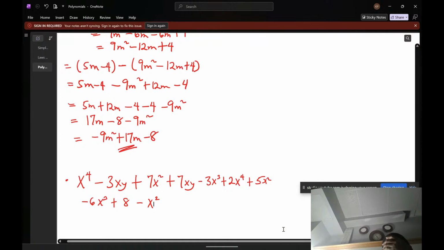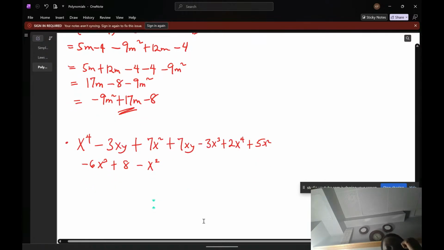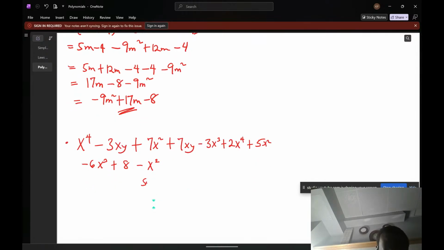Okay, so now we have an algebraic expression that says x raised to power 4 minus 3xy plus 7x squared plus 7xy minus 3x cubed plus 2x raised to power 4 plus 5x squared minus 6x cubed plus 8 minus x squared. So we're going to collect the like terms together.